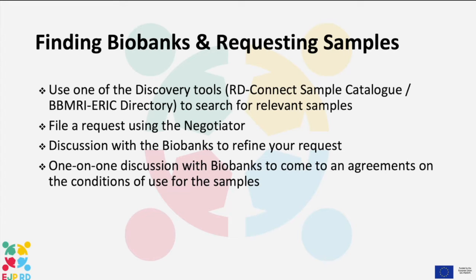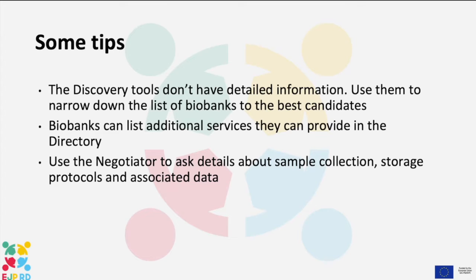So some tips if you use it. As I mentioned before, the discovery tools don't have all the detailed information, so you use them to narrow down the list of biobanks to the best candidates. And biobanks can also list additional services they can provide in the directory.